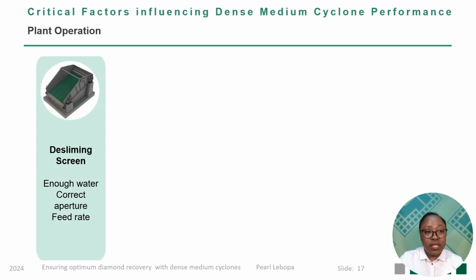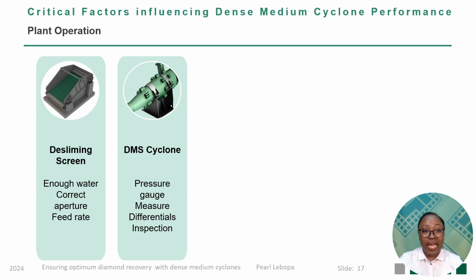Starting off with the first item, which is our desliming screen, there has to be enough water into the desliming screen, and the correct aperture needs to be used, as well as the correct feed rate. The second equipment to be looked at is the DMS cyclone, where you monitor your pressure.